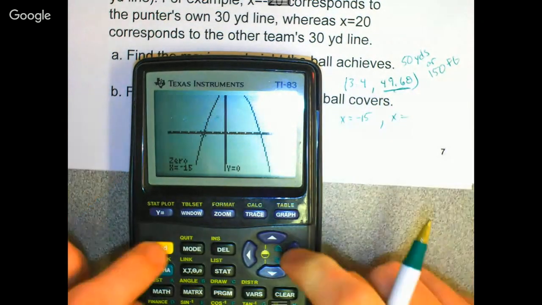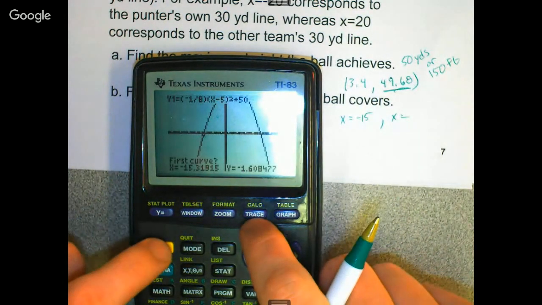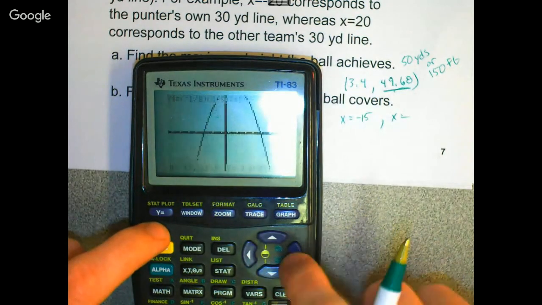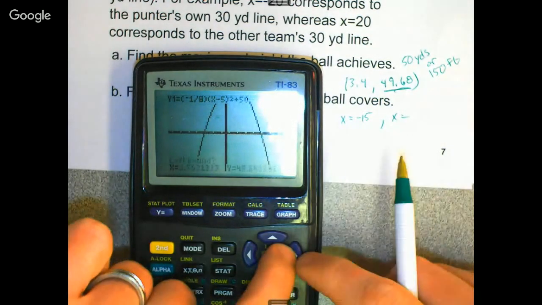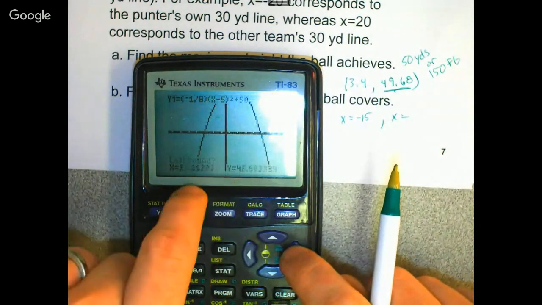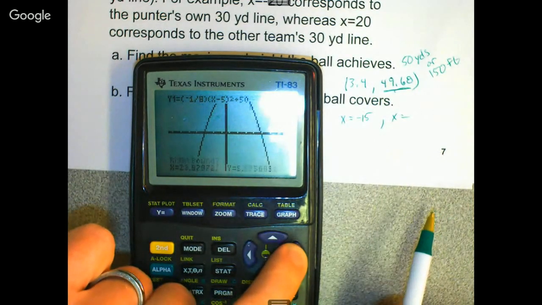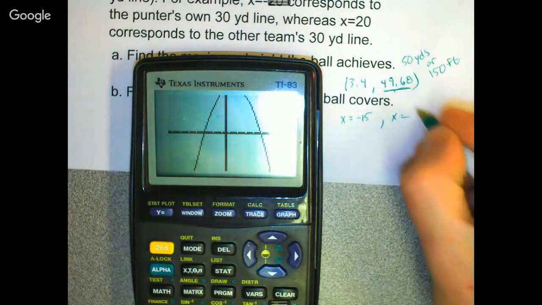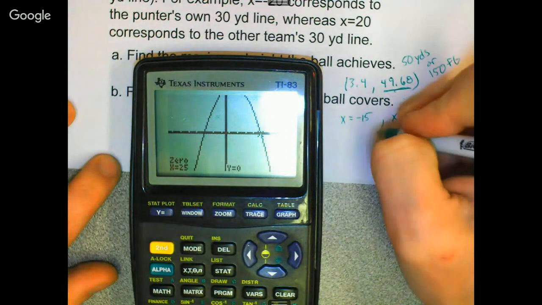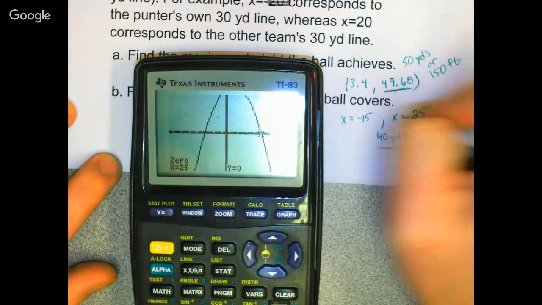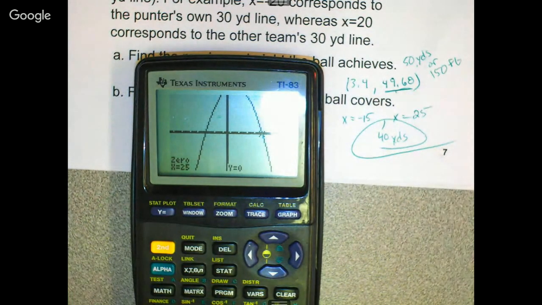And x is, we've got to go to the other side, but not intersection. We're going to go all the way over there to the left and right of this zero. And it's nice, you can just watch your numbers go up and down here. So enter, and we'll go to the right side of it, enter, enter. So 25. So that covers a total of 40 yards. So his punt goes 50 yards high and it goes 40 yards long.